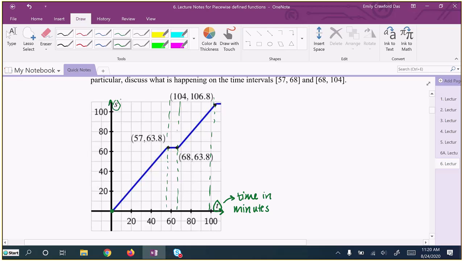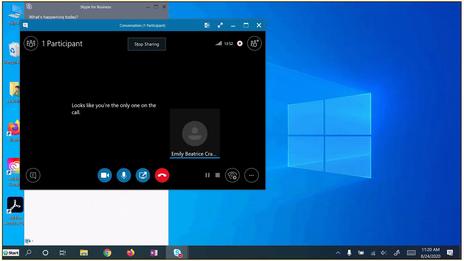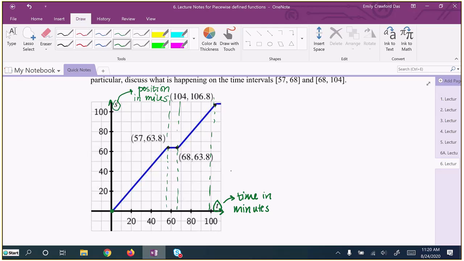It also told me that the position is measured in miles, and it's how many miles away from the town we are after t minutes. So that suggests that this s, this dependent variable, should be position in miles. And what does it depend on? It depends on the independent variable, time, in minutes.